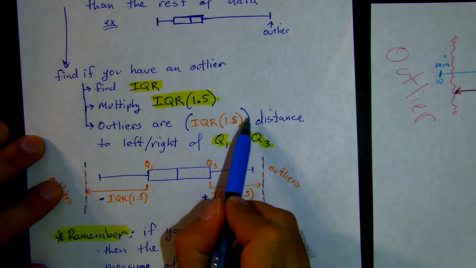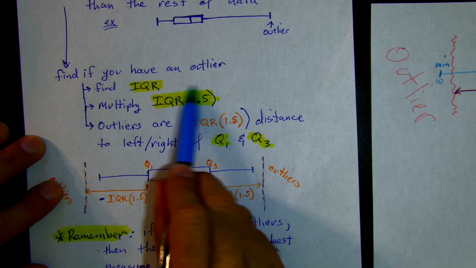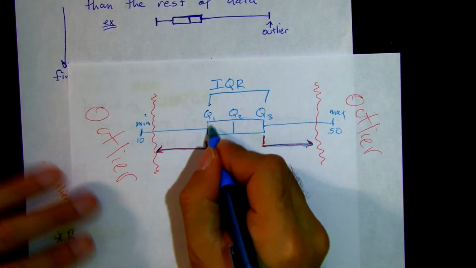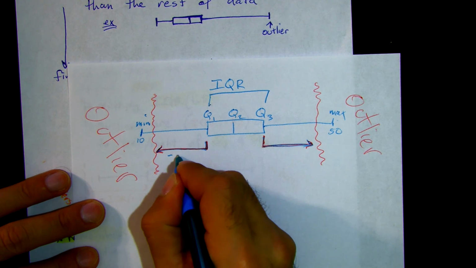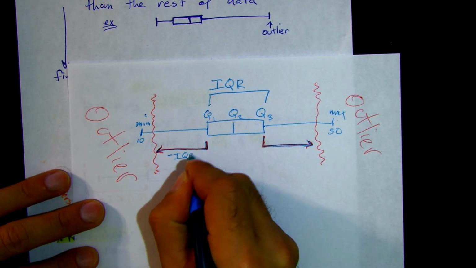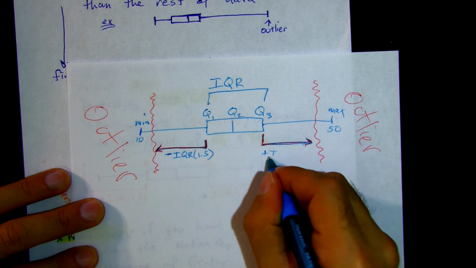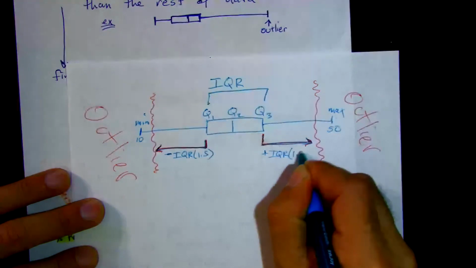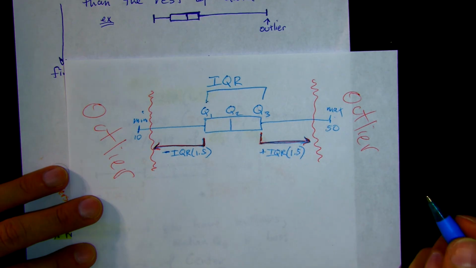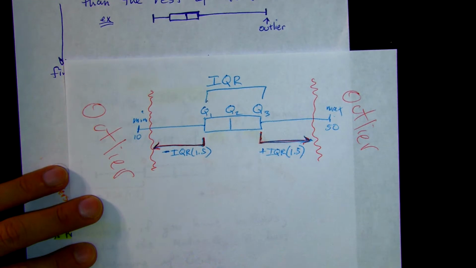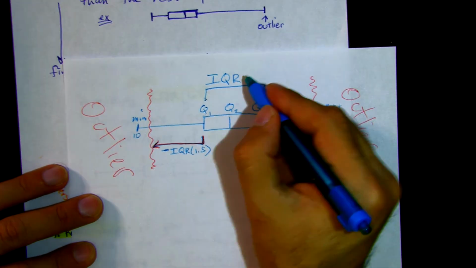And then we take this distance, the IQR times 1.5, and we subtract it from Q1, and we add it to Q3. That gives us the distance to where these outlier fences are. Okay, so we find the IQR, check.